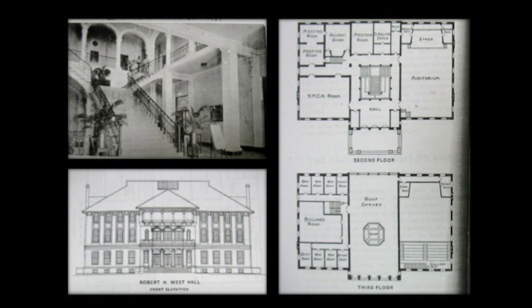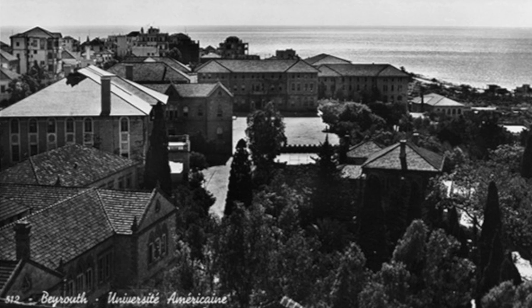SPC Professor Patch of engineering consulted the faculty and outlined the three ideals that the West Hall should embody. The first mandated that the building, which is there on the left with the sun on it, should occupy a central position on the campus. The second, that the building should be welcoming from the outside as well as from the inside. And third, that the building serve student, social, and spiritual life.